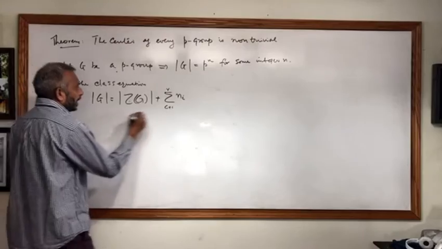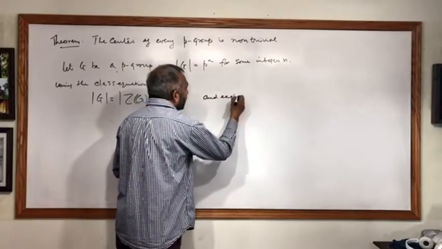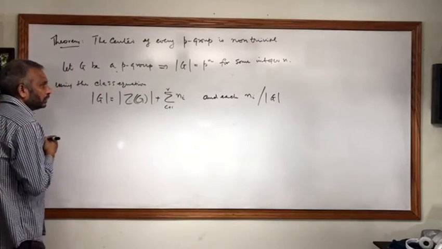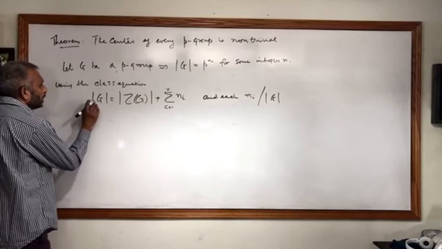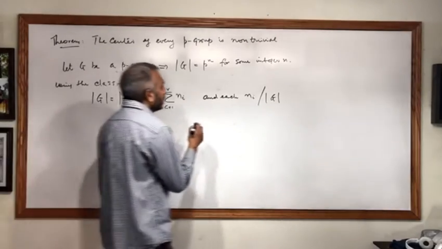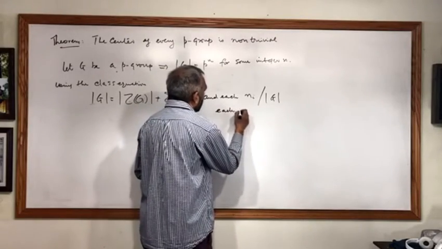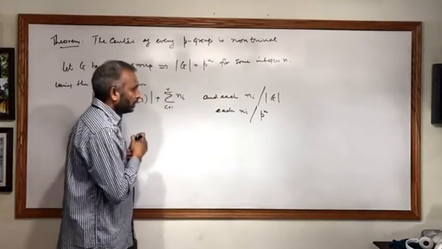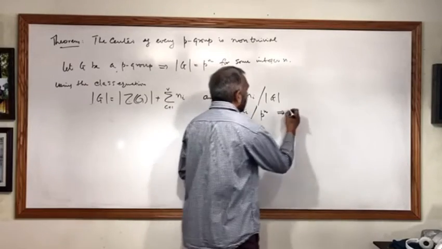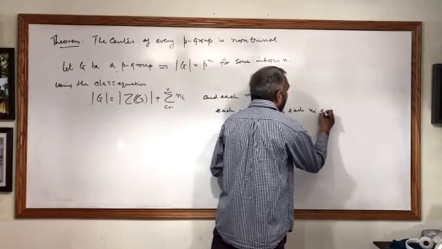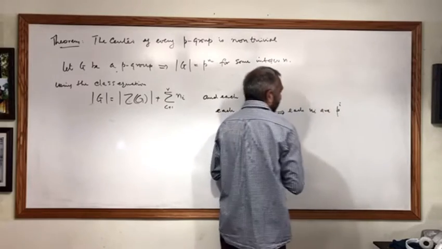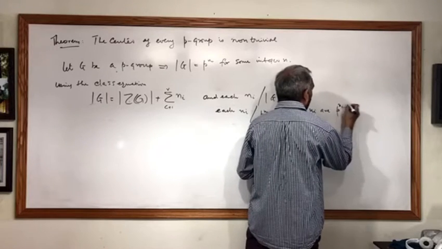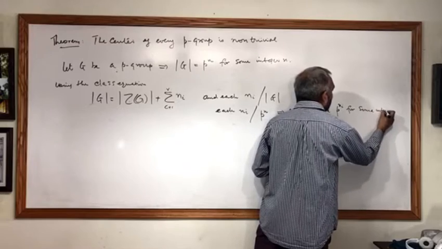And each n_i divides the order of G. So that means each n_i divides p to the power of n, and that implies each n_i is p to the power of some integer.